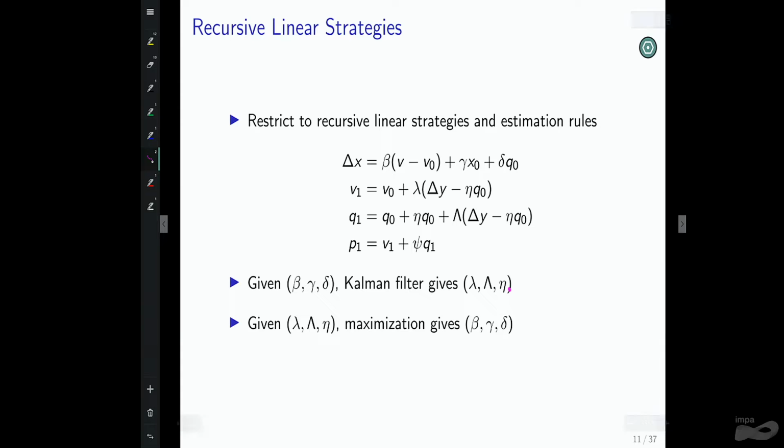And vice versa. If I give you the 3 constants which determine the pricing rule, they appear all over the place here, then a standard optimization gives as an output the 3 constants which give the trading rule, okay? So the natural form of equilibrium is a fixed point of these 2 maps.